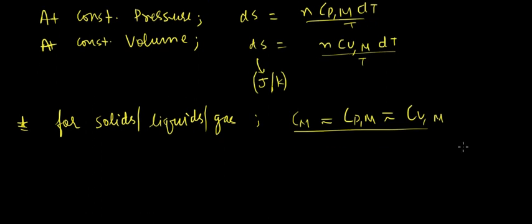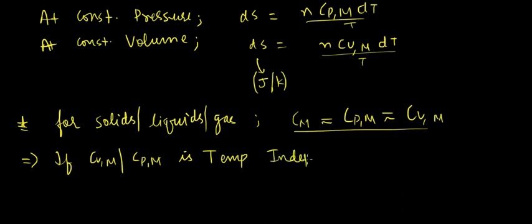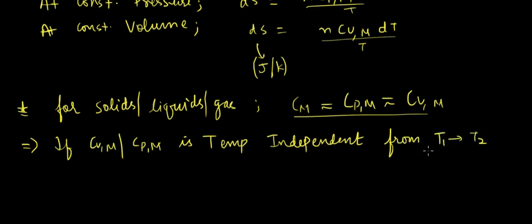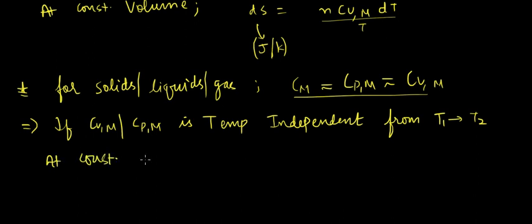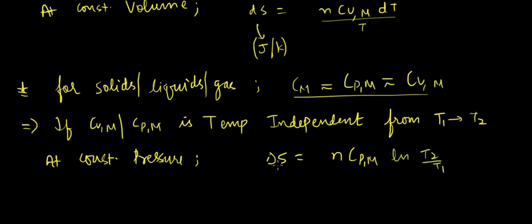Okay, so continuing after this, if Cvm or Cpm of a substance is temperature independent from T1 to T2, then if at constant pressure, we know that dS would be equal to n Cpm dT upon T, so we can write that delta S would be equal to n Cpm ln T2 upon T1, just integrating both sides.